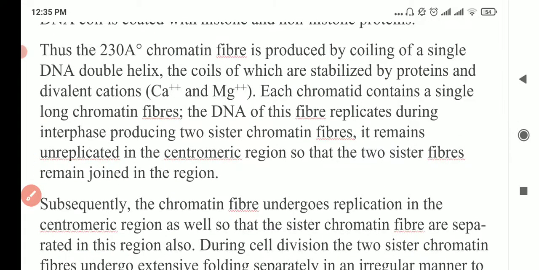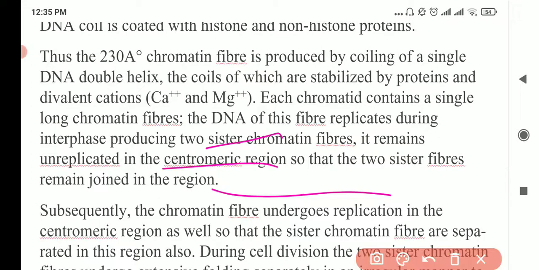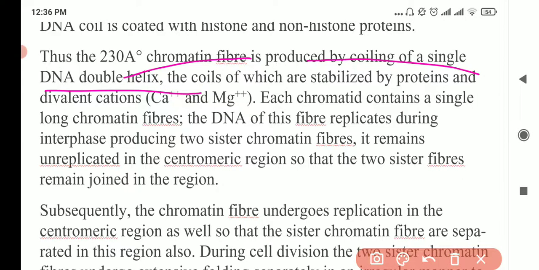So the 230 angstrom chromatin fiber is produced by coiling of a single DNA double helix. The coils are stabilized by divalent cations like calcium and magnesium. The DNA replicates during interphase and produces two sister chromatin fibers.